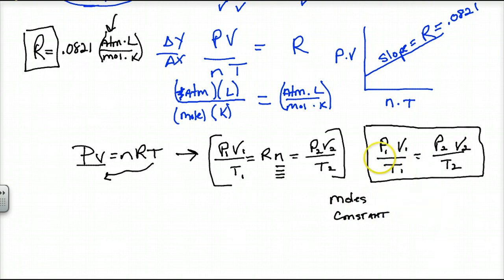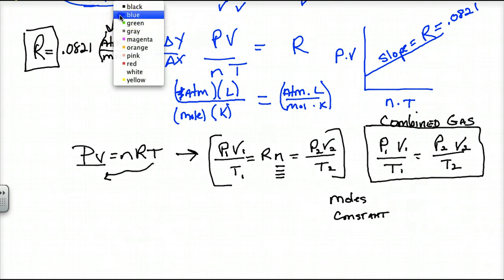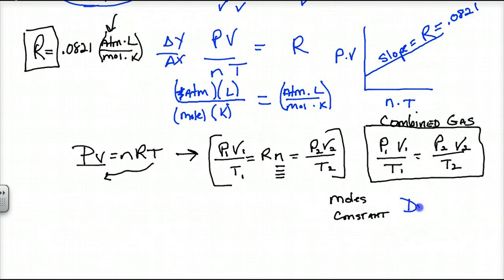Now, how do I know when to use this formula? Let me explain. When you use the combined gas law, we're going to call this the dynamic equation. Why do I call it dynamic?